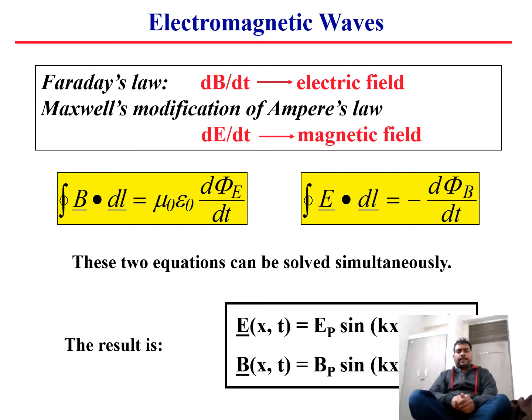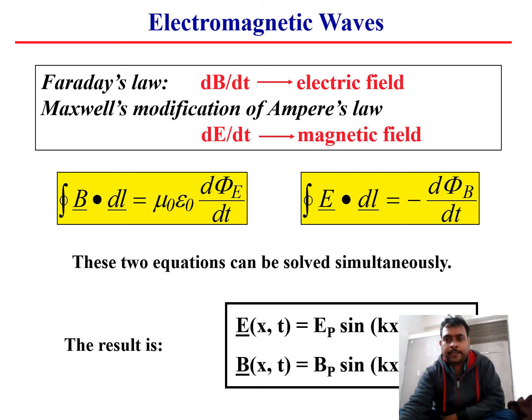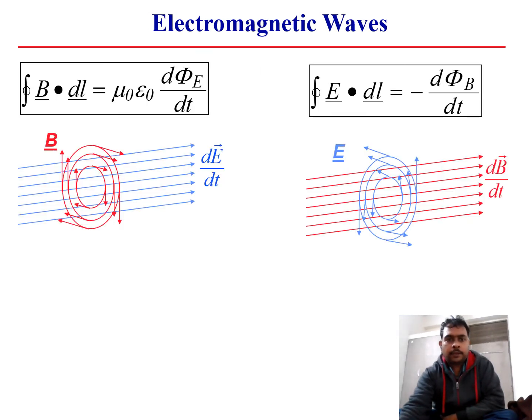So you can see the wavy, sinusoidal nature of variation of both electric and magnetic fields. The electric field is directed along the y-axis, the magnetic field along the z-axis, while the propagation of these waves is directed along the x-axis.